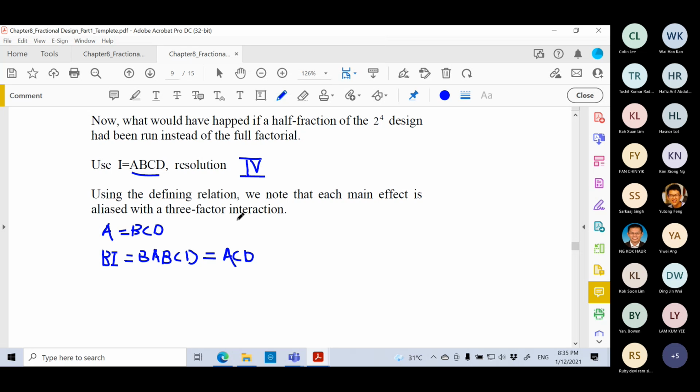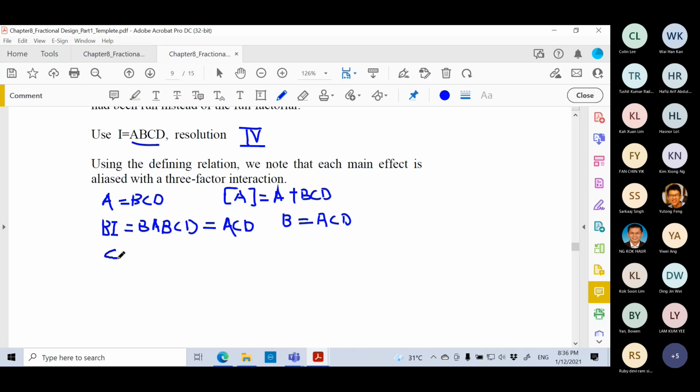What we can write down is A will be equal to A plus BCD. Similarly, B will be equal to B plus ACD.